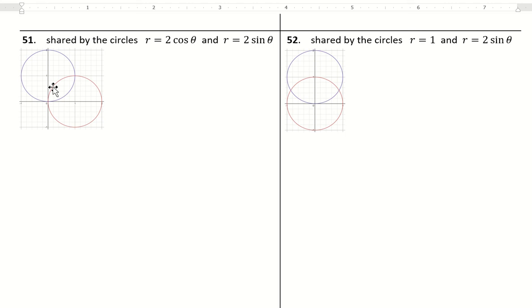I think I remember what I did, but I don't want to give that spoiler just now. 52, once again, shared. What's being shared? That's interesting.